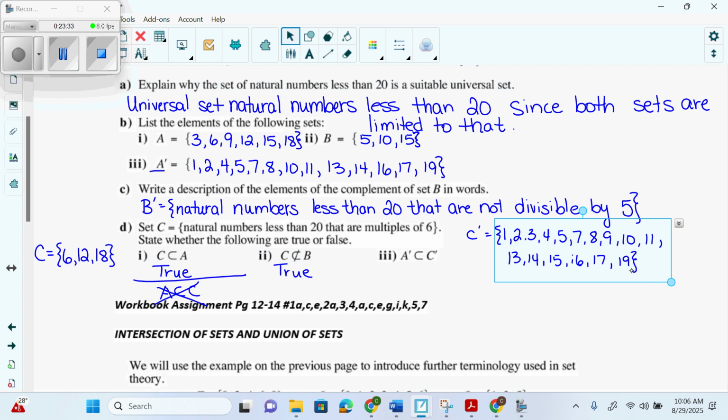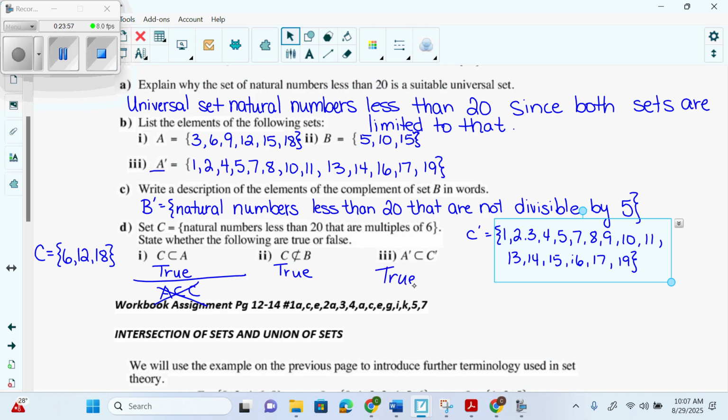Okay. So this is A complement, that's C complement. A complement is 1, 2, 4, 5, 7, 8, 10, 11, 13, 14, 16, 17, 19. Is that true or false? True.